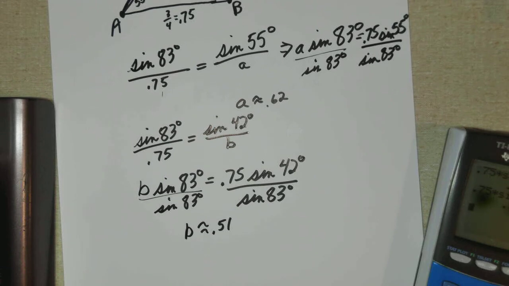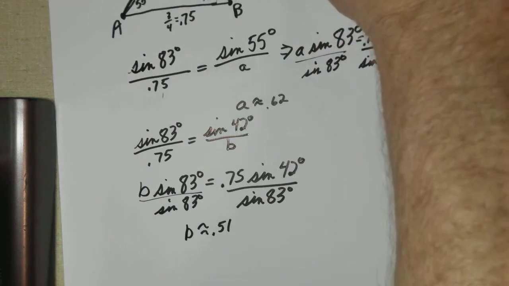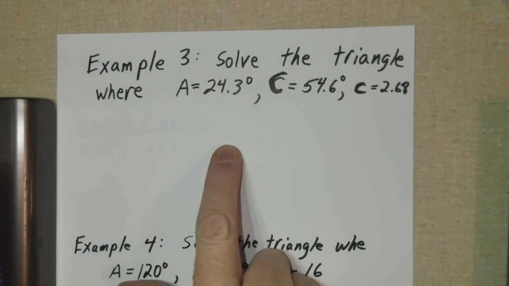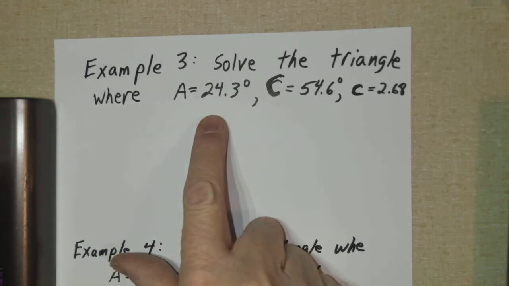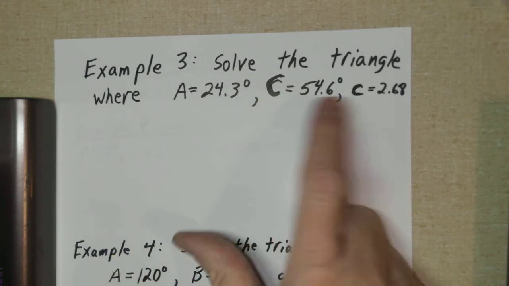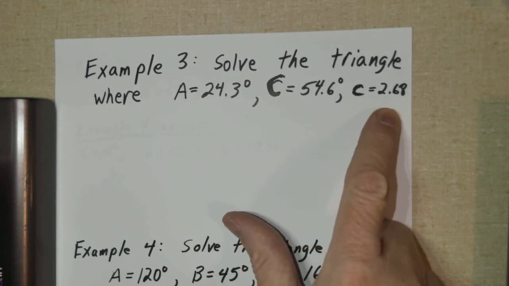Okay. Now I'm done with the two examples. You see, it takes a while to solve the complete triangle. And all I want you to do is example 3. You've got angle A, angle C, and the side opposite angle C, little c.